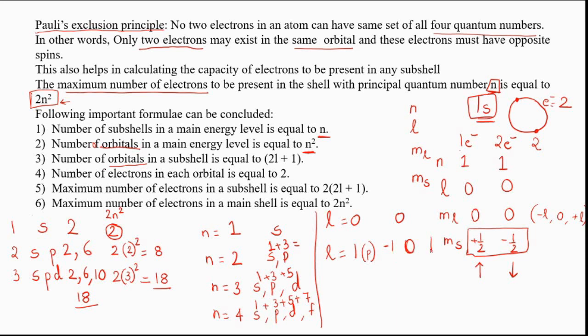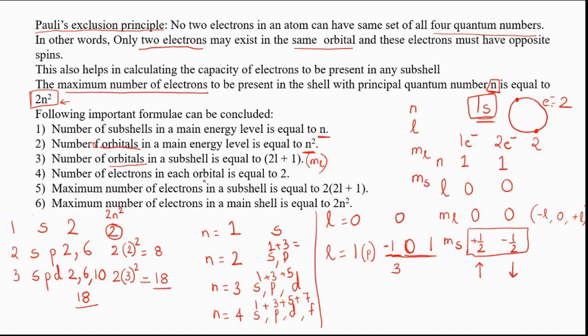It was giving us the number of orbitals. The total number of orbitals that we have, we can calculate from the magnetic quantum number. We have three different orientations, and the number of orientations is equal to the number of orbitals. So for P we have 3. The number of orbitals can be calculated from the ml value. ml tells us the orientations and it also tells us the number of orbitals.